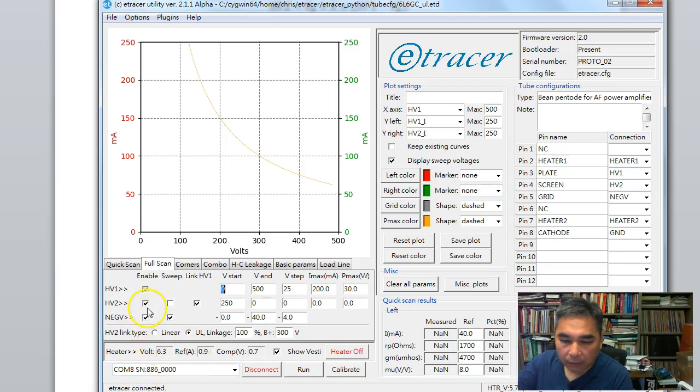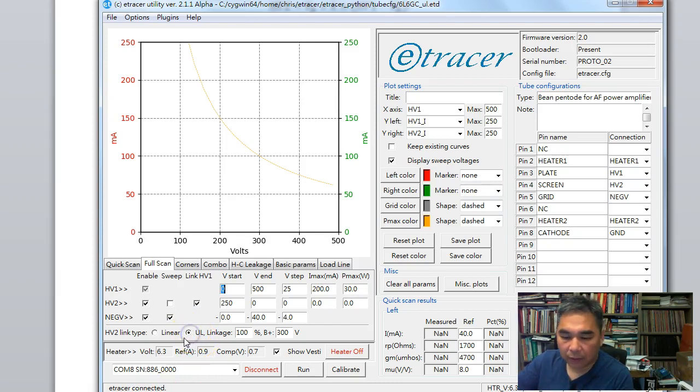When link HV1 is checked, we can set the type of linkage for HV2. We have two choices, the first being linear, where HV2 is a direct scaled value of HV1. For example, if HV1 is 100 volt and we set the linkage to 90%, HV2 will be 90 volt.